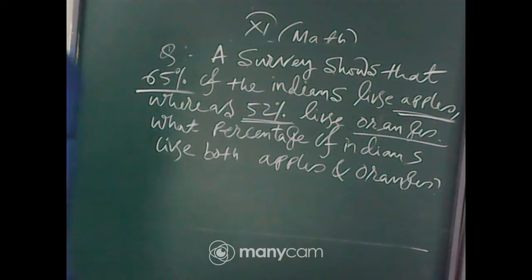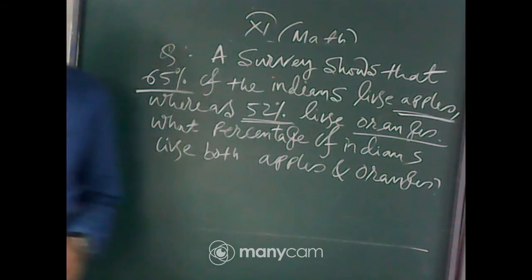Let A be the set of Indians who like apples and B the set of Indians who like oranges. Now here n of A is 65, n of B is 52 and n of A union B is 100. You just find n of A intersection B. Have you got what I am saying?